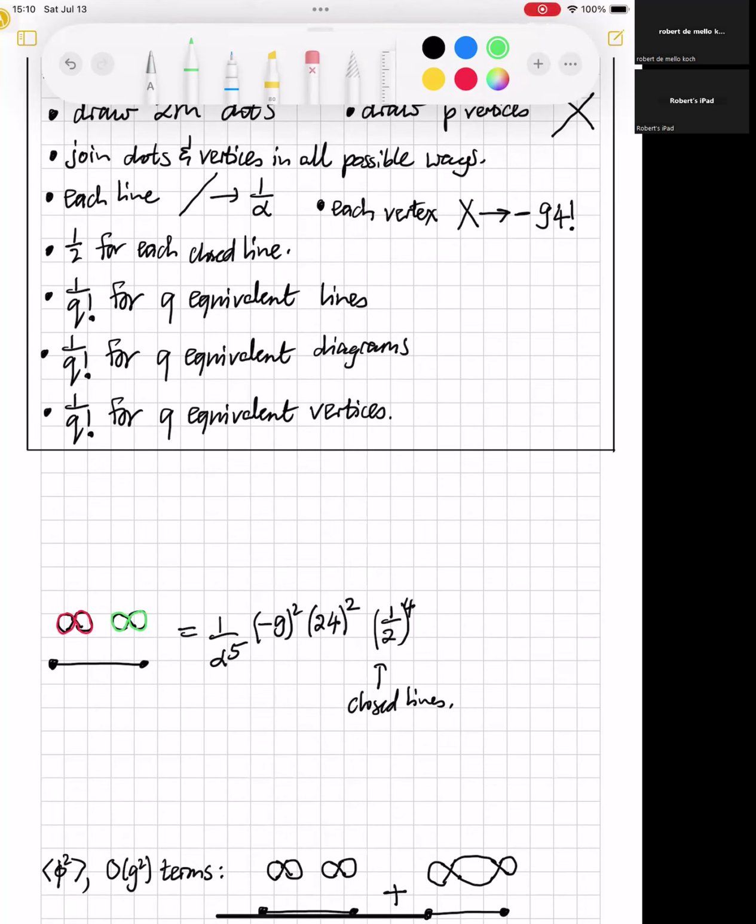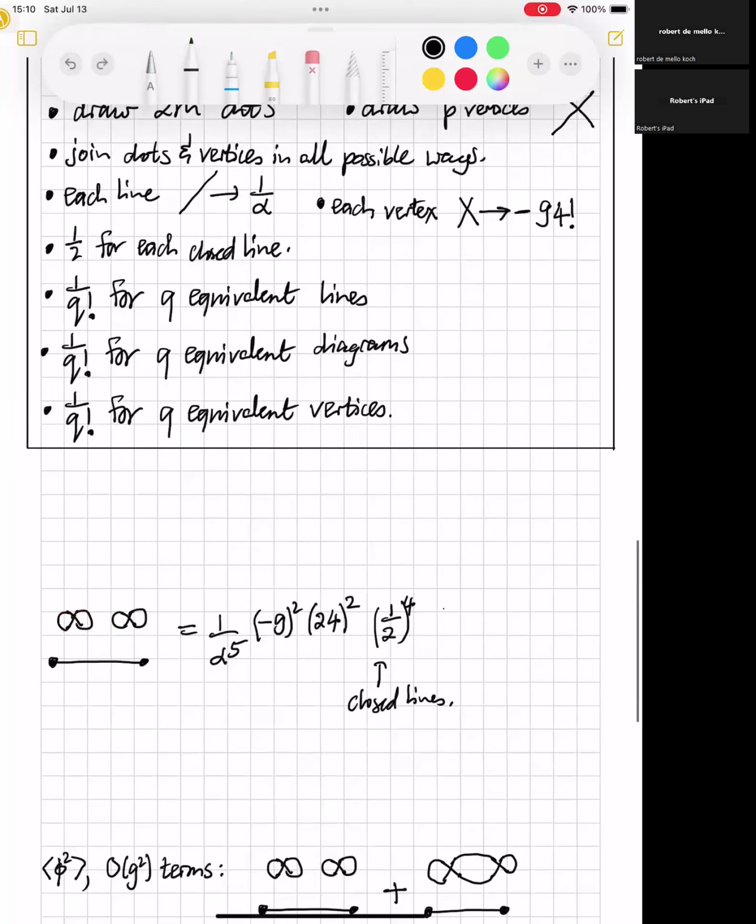Don't tell me there's 4 lines that are equivalent, because the red lines are not equivalent to the green lines. So for equivalent lines, there are 2 pairs of 2. Okay, so for 2 equivalent lines, we have 1 over 2, and we have 2 pairs of 2. So let's say 2 pairs of 2.